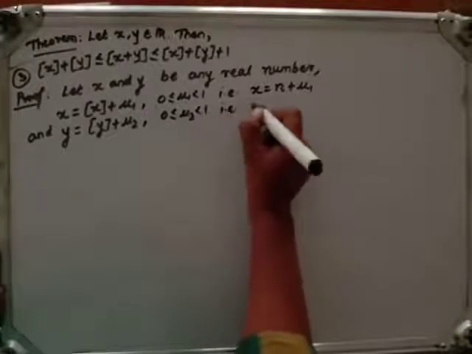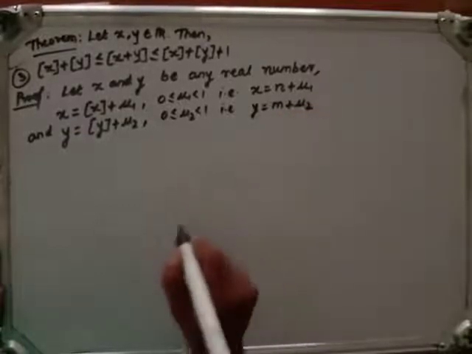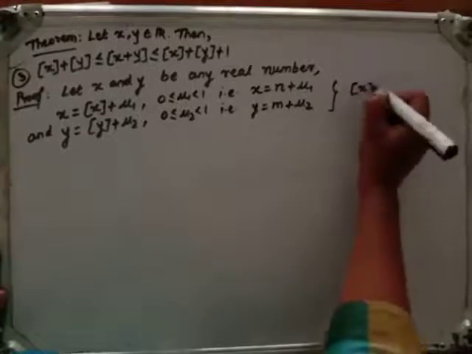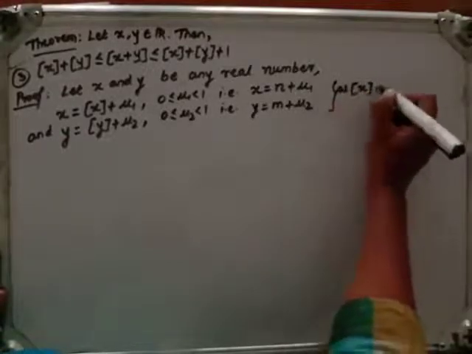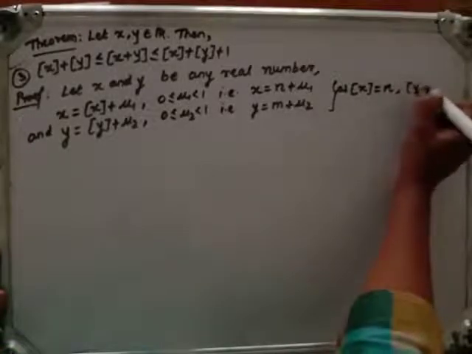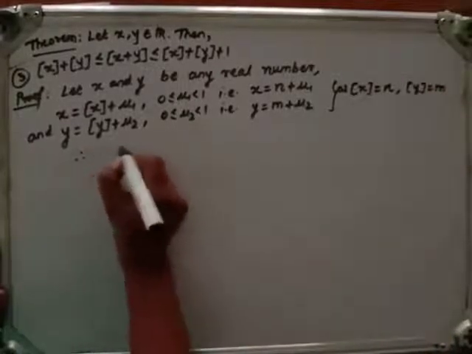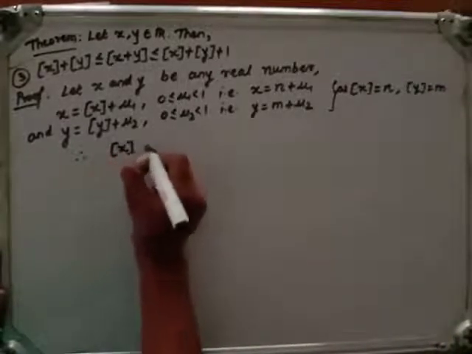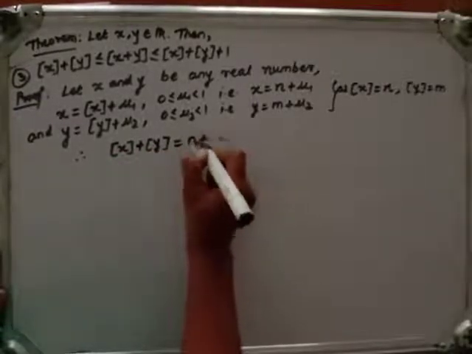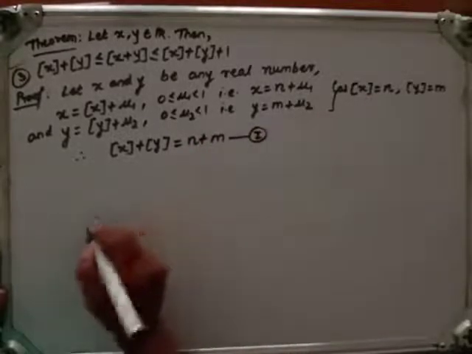That is y equals, suppose, m plus mu2. We assume the greatest integer function of x is n and that of y is m. Therefore, the greatest integer function of x plus the greatest integer function of y is n plus m. Call it equation number 1.